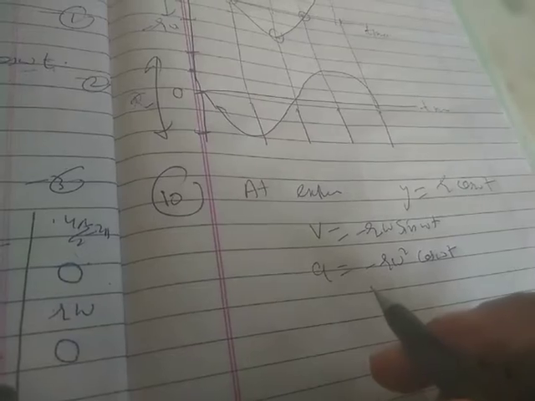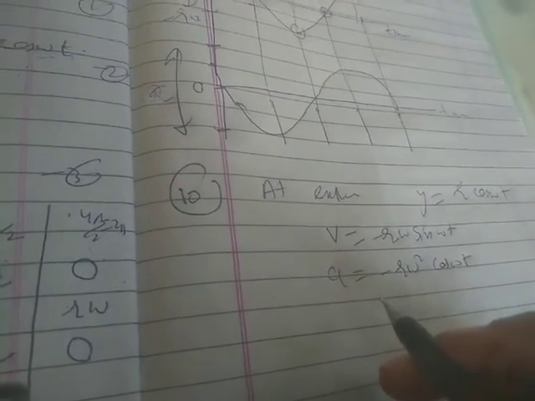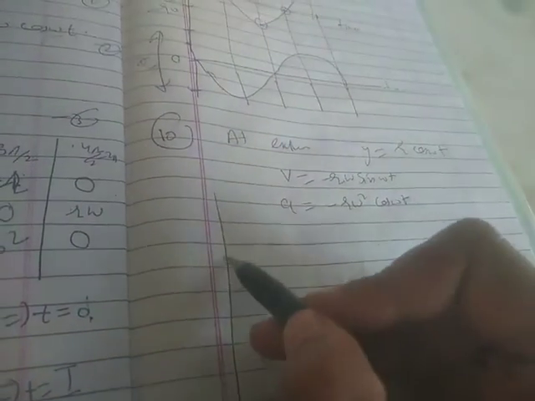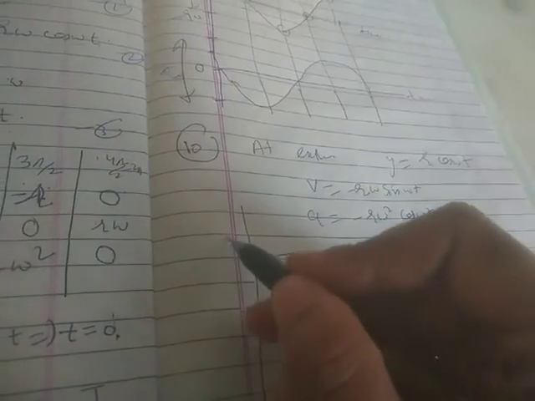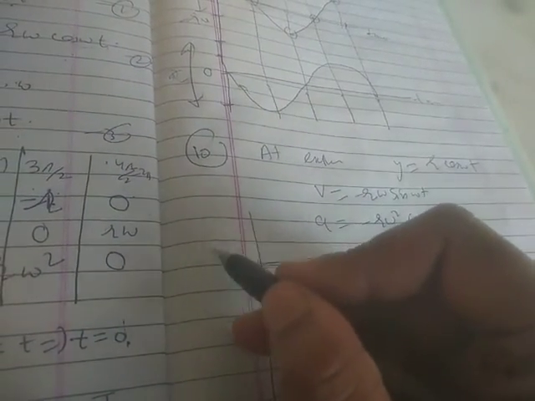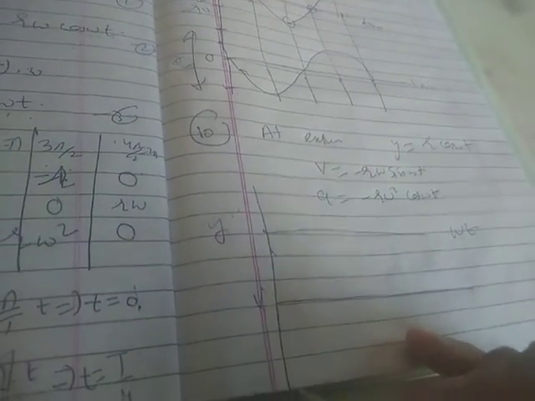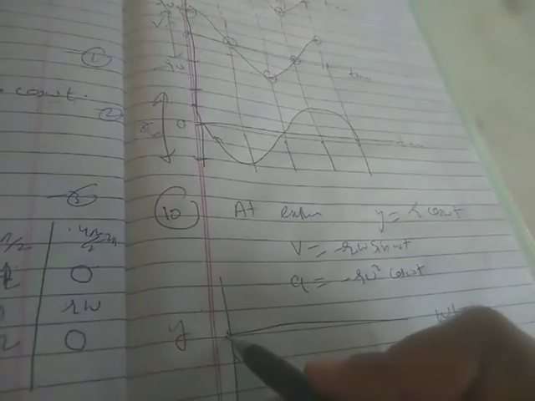Then you can also make your table on your own, and I will just make a graph. This will be the phase angle omega t, and this graph will be for y. Here we will draw for velocity, and here I will draw for the acceleration. You can draw by yourself also.